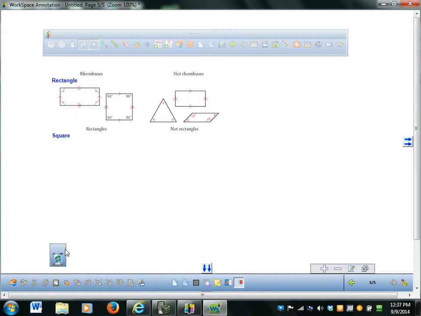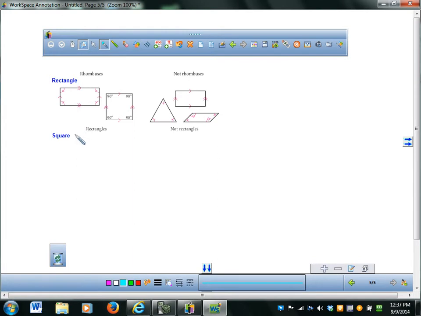So, a rectangle. Go ahead. A rectangle is a quadrilateral. You know what? Try to use some of the words that we used before. You can use the word parallelogram, or you can use the word rhombus. Try it again. See if you could refine.